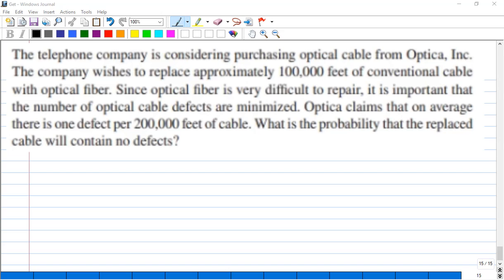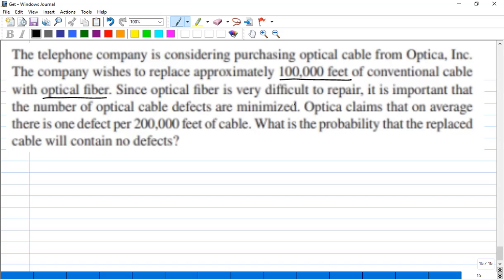It says this telephone company considered buying optical cable. So it wants to buy some optical cable from Optica Incorporated. It says it wishes to replace approximately 100,000 feet of conventional cable with optical fiber. Since optical fiber is very difficult to repair, it is important that the number of optical cable defects is minimized.